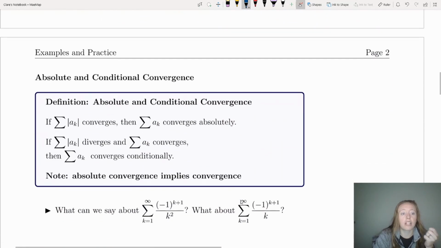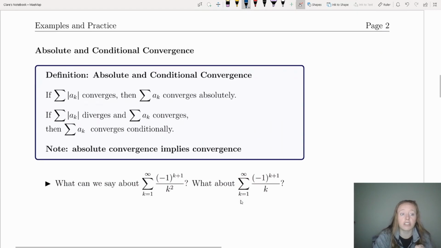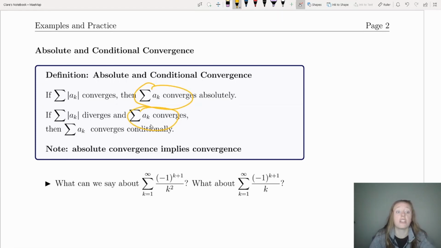So to show absolute convergence or conditional convergence, we then need to check, because we know how to check these now, because we did the alternating series test, we need to check the absolute values. So if the absolute value converges, it converges absolutely.